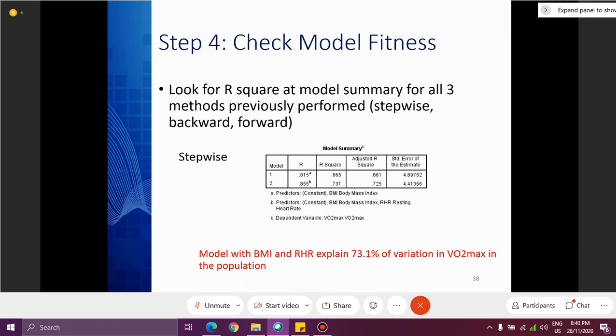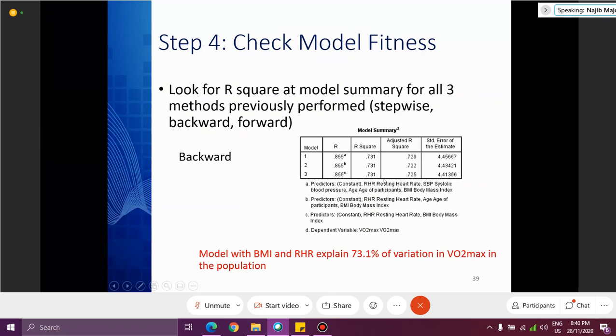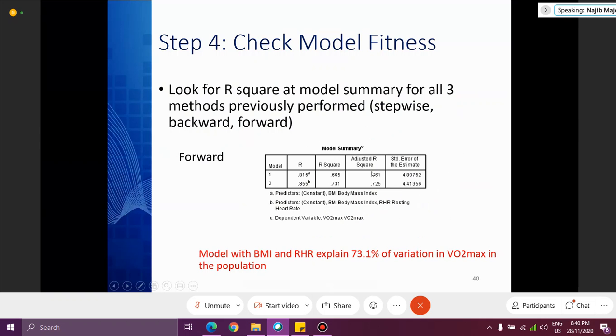You can also check the model fitness. You need to check the model fitness comparing the three models. For example, for stepwise, the R square is 73.1%. Backward also 73.1%.